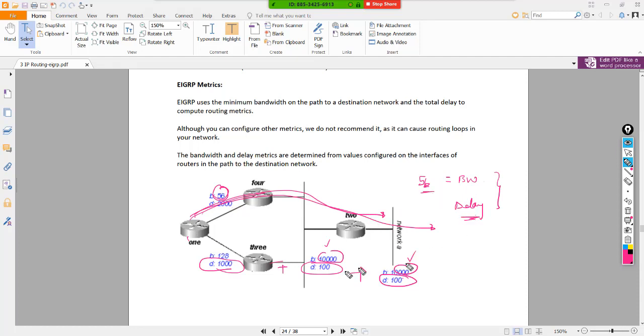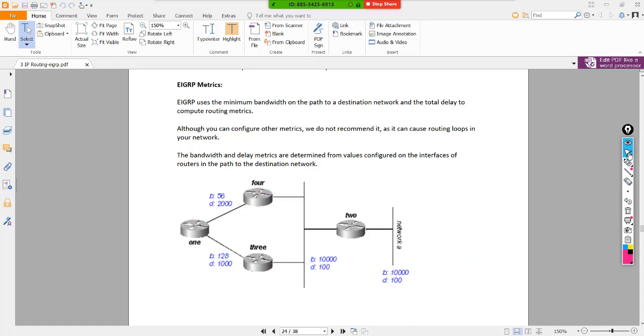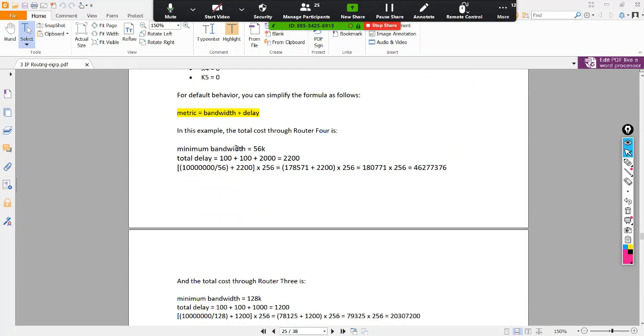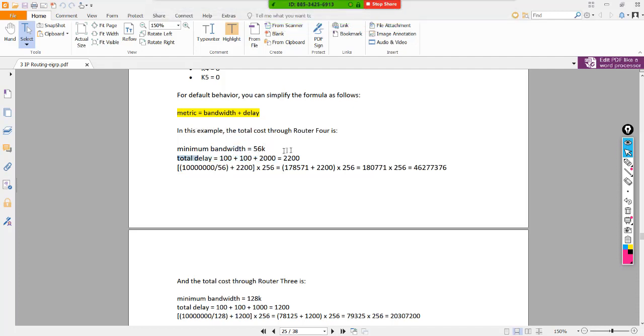In the case of delay, it will be 1000 plus 100 plus 100. That's why the calculation shows you something accordingly. For bandwidth, we just considered 56. In the case of delay, I am going to consider the whole sum. This you should know when solving any EIGRP related questions. Delay is something which is throughout; it's a sum across all the different hops, whereas bandwidth is only the shortest bandwidth.